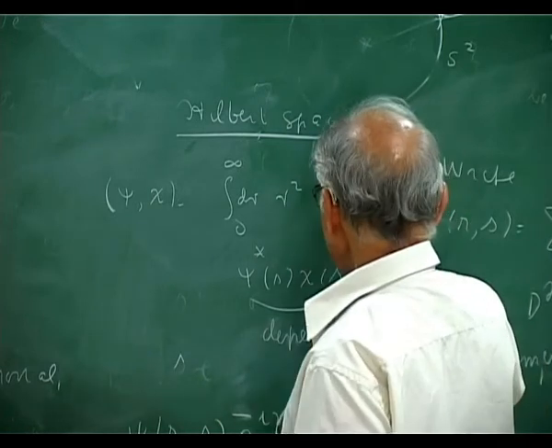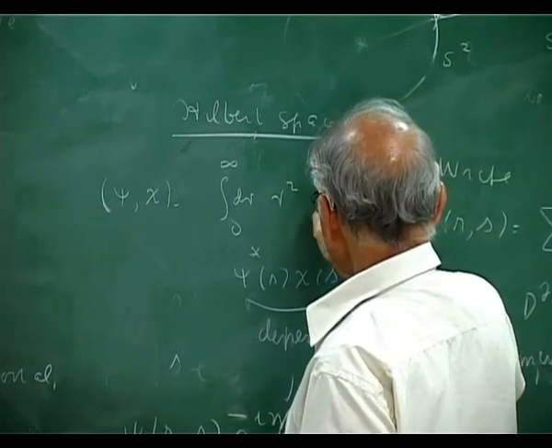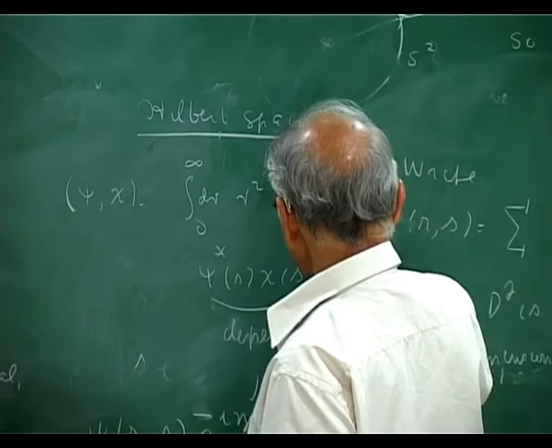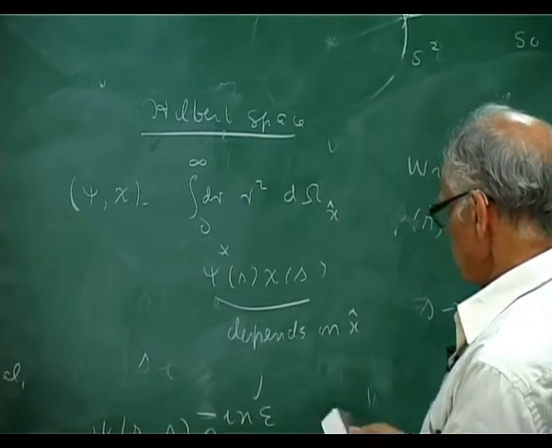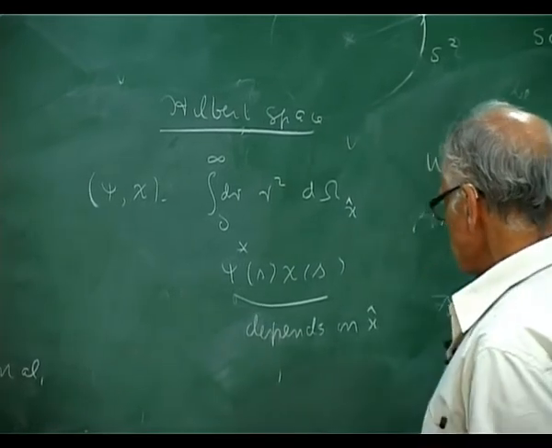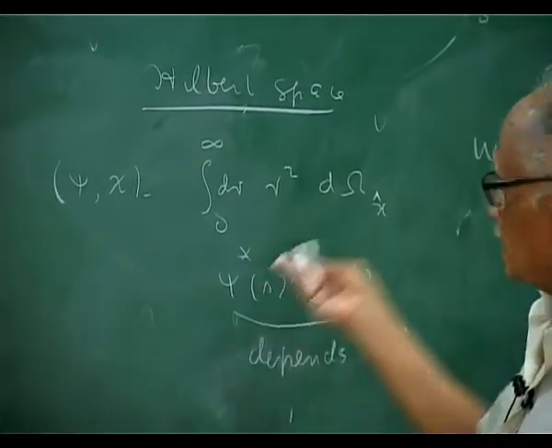So I integrate here with the volume form d omega of x hat on the 2-sphere. So here I have not removed anything.